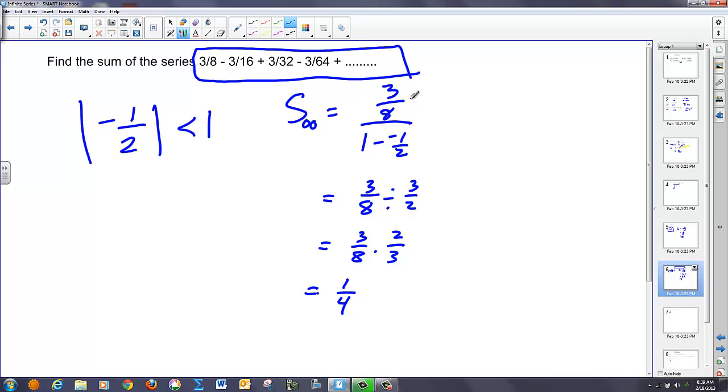So the sum of this, as I add forever and ever, is going to end up equaling a quarter. Now, again, you're probably asking, well, if I'm adding numbers forever and ever, how do I get a quarter out of that? Because I just keep adding and adding. It's a good question. Turns out that it's a really, really good approximation. The numbers get closer and closer to a quarter.